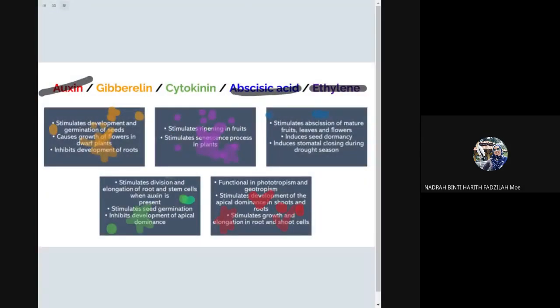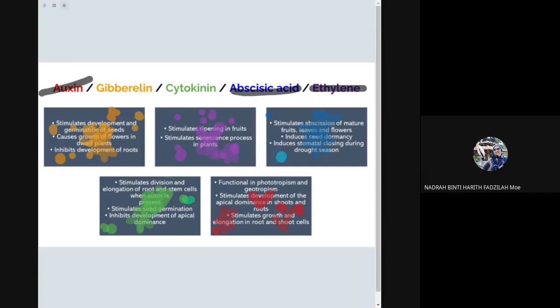Okay. The first statement, kita tengok top row. The first statement is for gibberellin. I agree with you. The second statement is for ethylene. Ethylene ni paling senang nak ingat kan sebab dia yang paling special. And then the third one is abscisic acid, sebab ada keyword dekat situ: stimulate abscission of mature fruit.